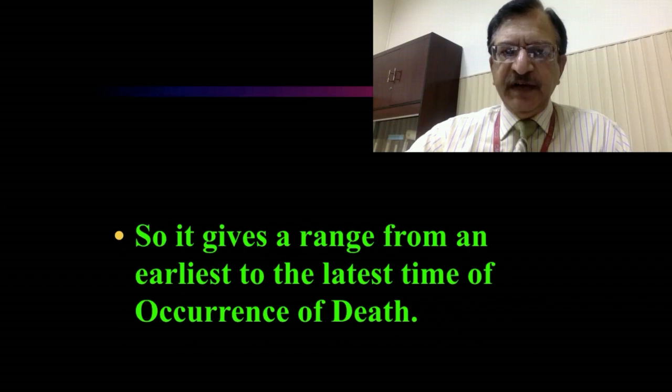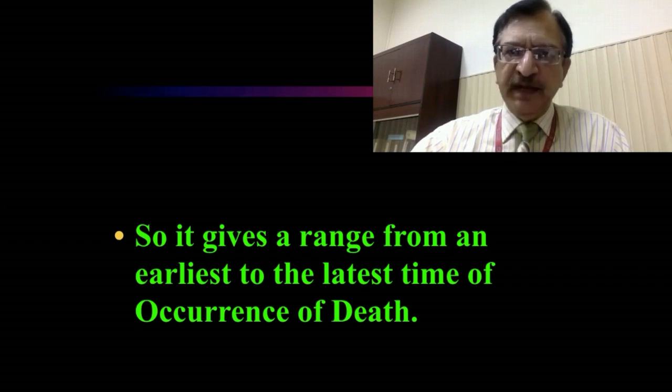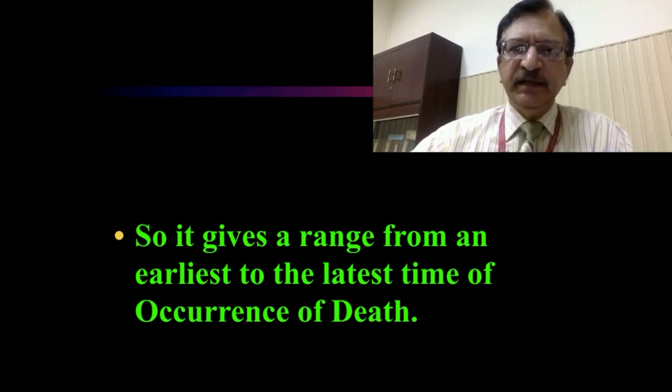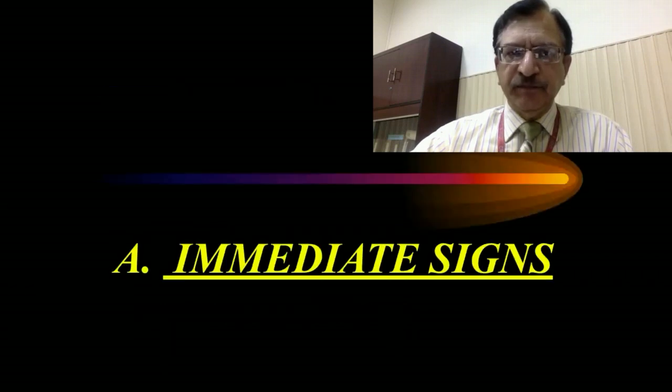So it gives a range from an earliest to the latest time of the occurrence of death. By studying in which state a particular change which appears after death the body is in, we estimate the time since death.